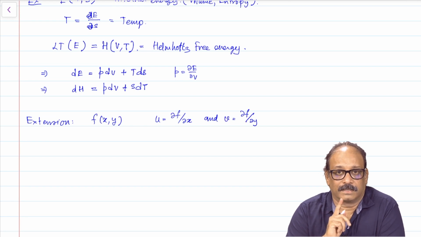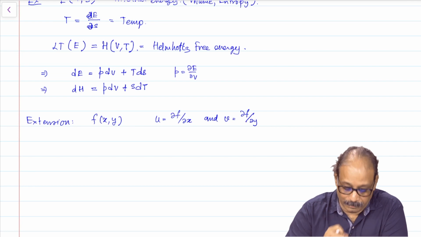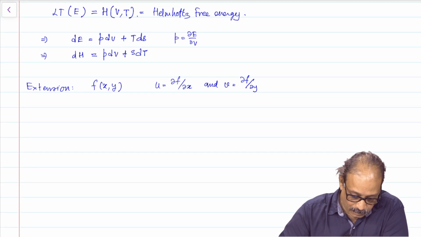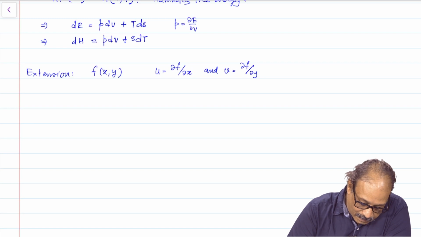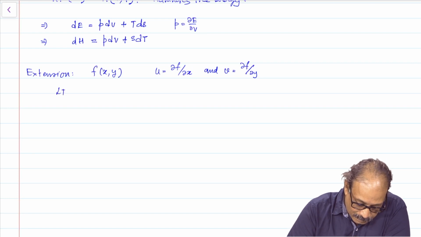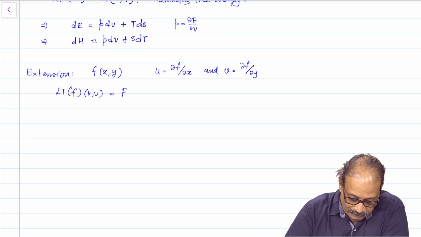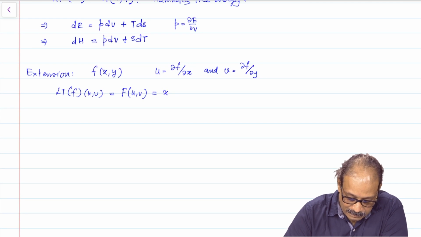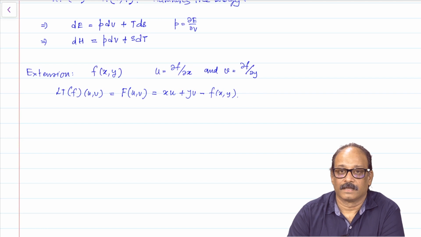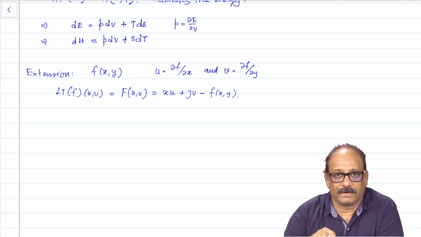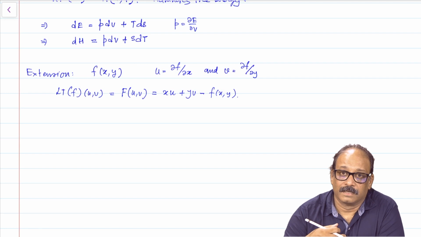I will in a moment tell you what that convexity in this case would mean. Once I do this, I will define the Legendre transform of f, which is a function of variables u and v. I will denote it by a simple letter f; a function of u and v will be defined as x times u plus y times v minus f of x comma y. And remember, again, x and y you have to write in terms of u and v.